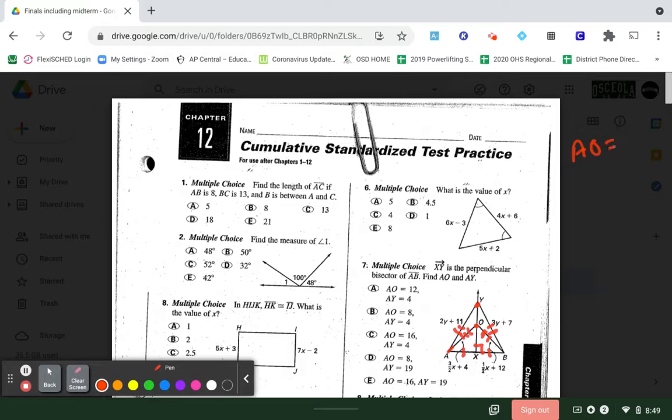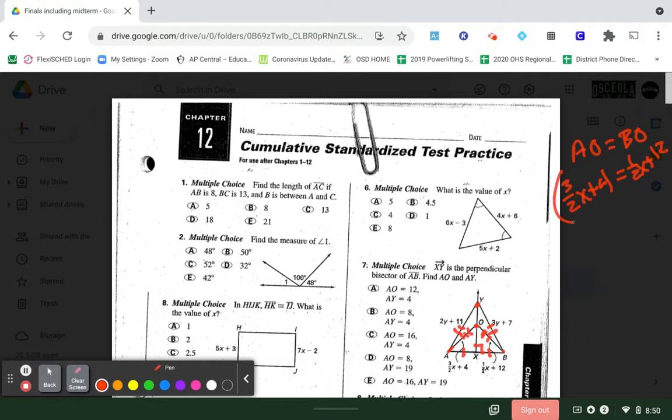Well, we know that AO is equal to BO, and we know that AO is 3/2 x plus 4, and we know that BO is 1/2 x plus 12. Now, when I'm solving these, I like to clear the fractions. So I need to multiply the left-hand side by 2. But in order to do that, I'm going to have to multiply the entire side by 2.